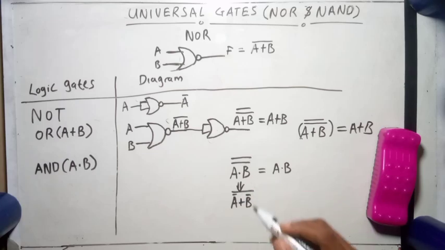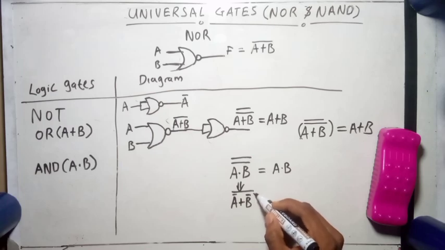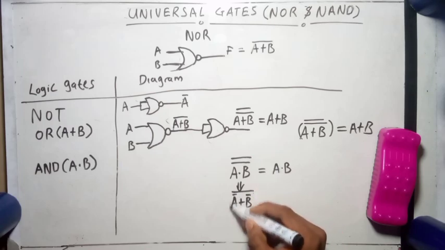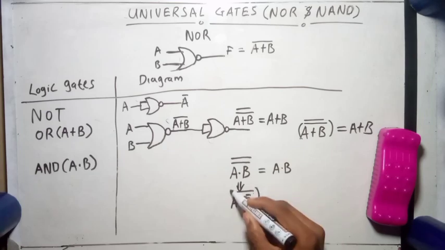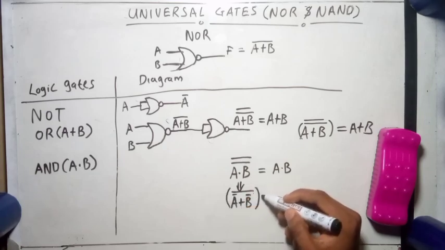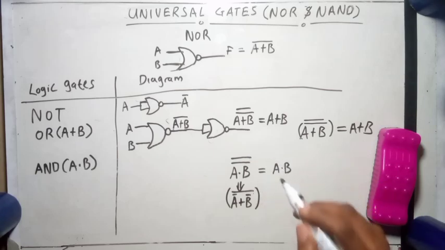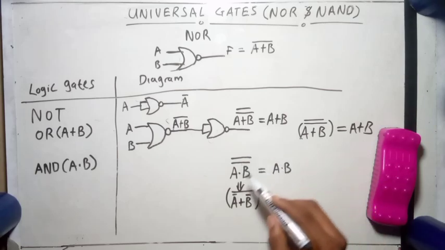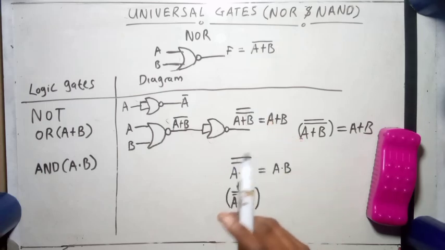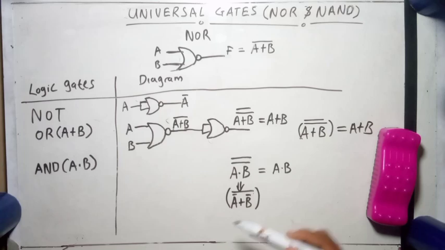Now looking at this, you have a negated B, a negated A, and in all of them you have your NOR. So this is what we're going to be using to draw our diagram. So the idea here is, after double barring it, let the multiplication sign change to plus, because what we are only meant to use is only NOR. We don't want to use any multiplication there. So we just did that now.